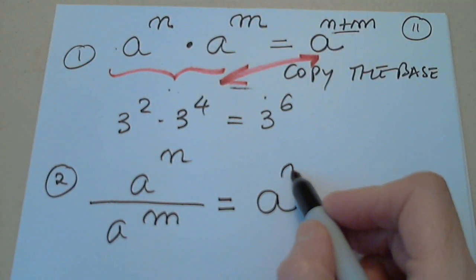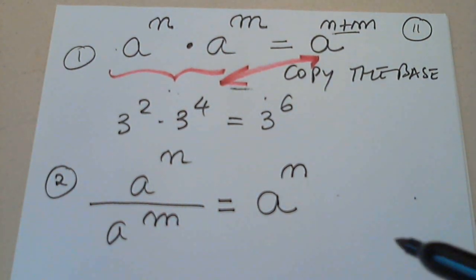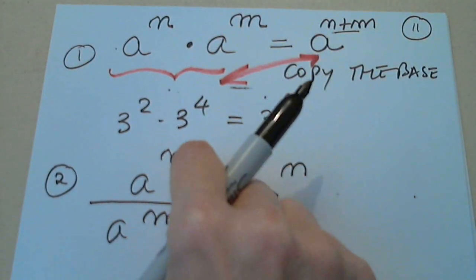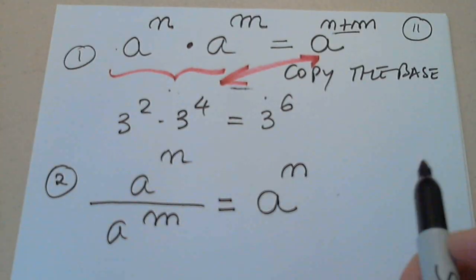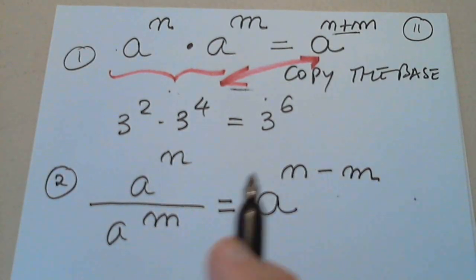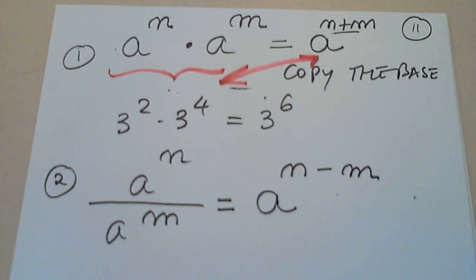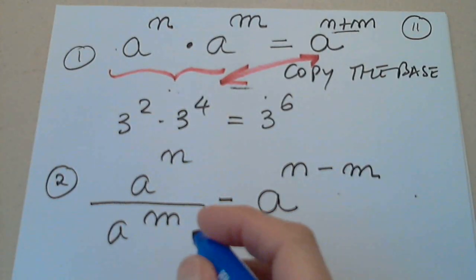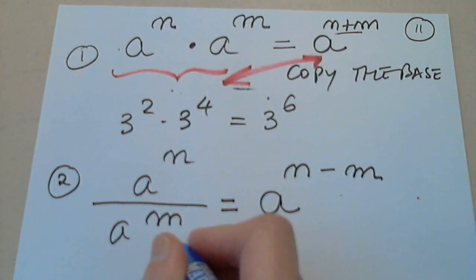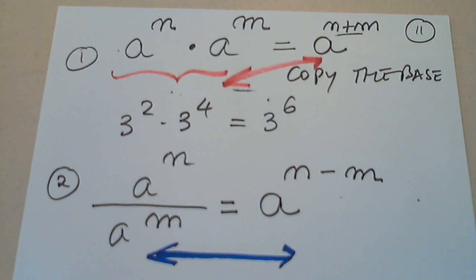And we subtract the exponents. And it has to be in this order always. From the exponent of the numerator, I have to subtract the exponent of the denominator. Never reverse that sequence. And of course, this is dynamic. It can go from left to right, or it can go from right to left.